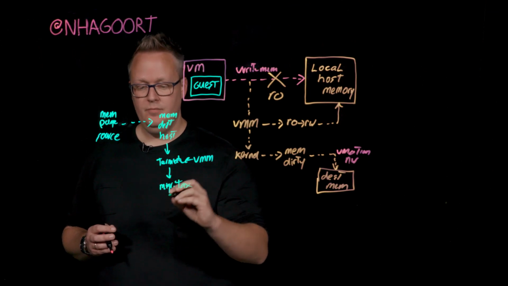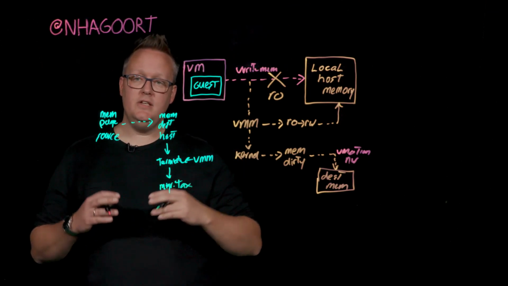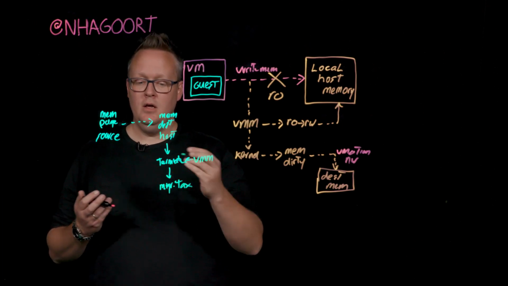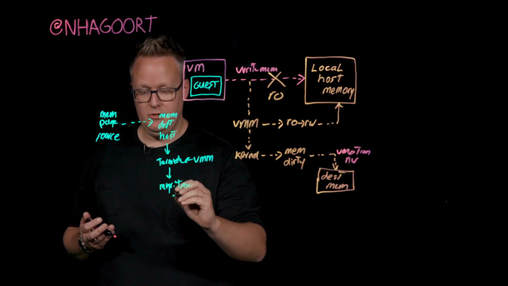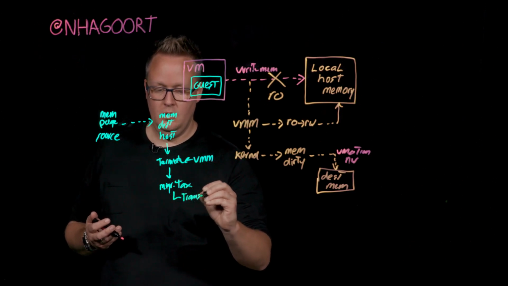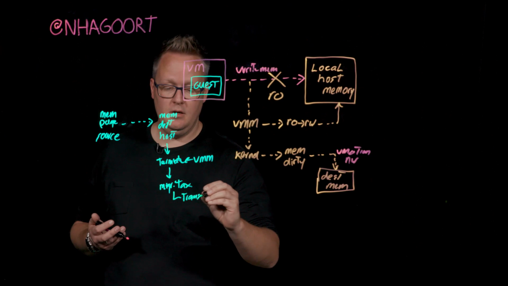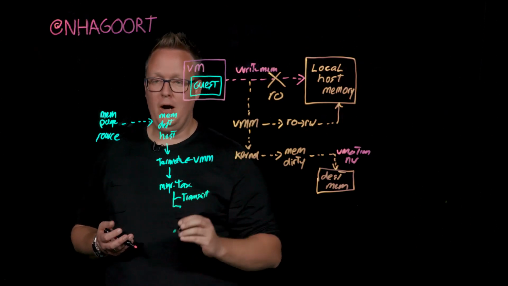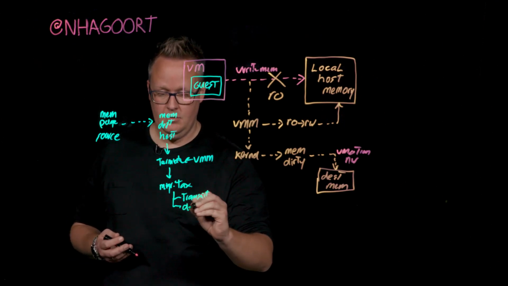migration stats. Now, the migration stats consist of metrics that are all about what is the transmit rate. Transmit rate in what, so basically what speed are we copying memory pages. It is also about the dirty rate.